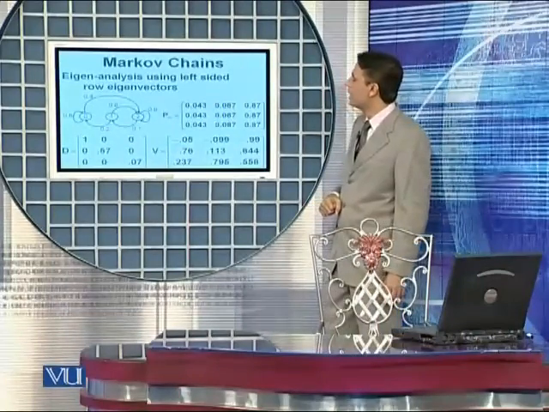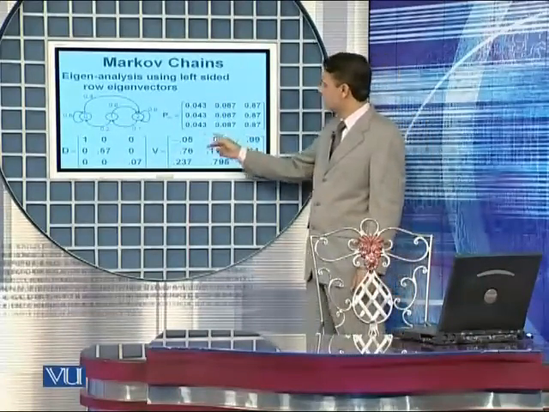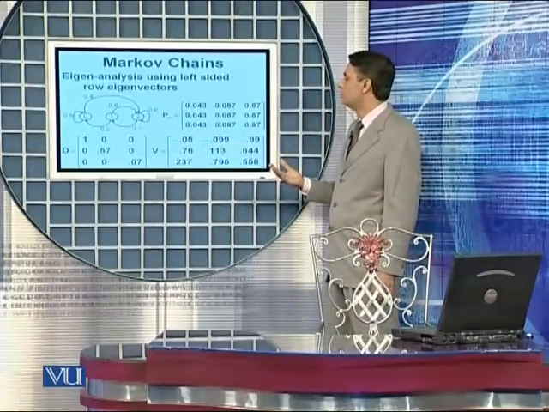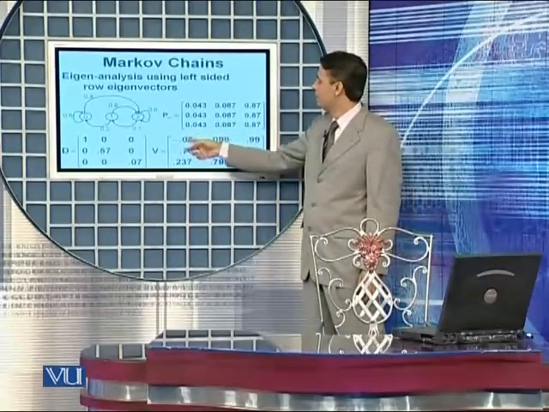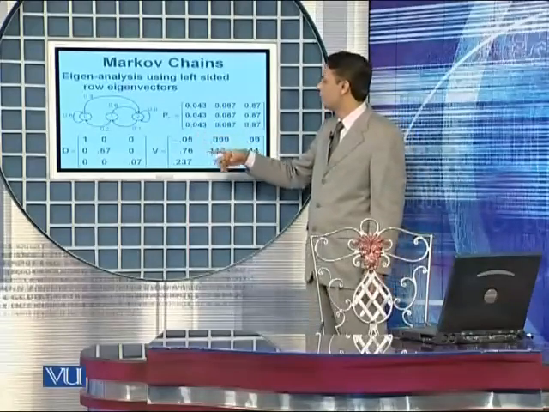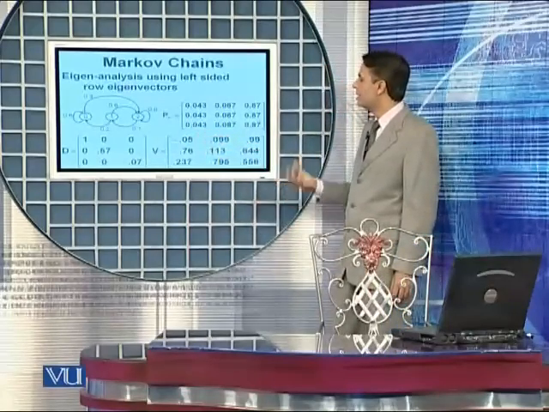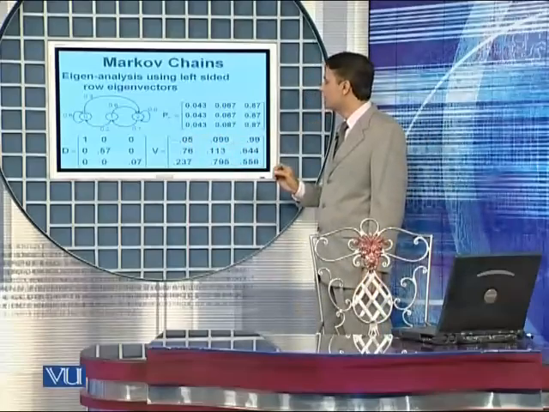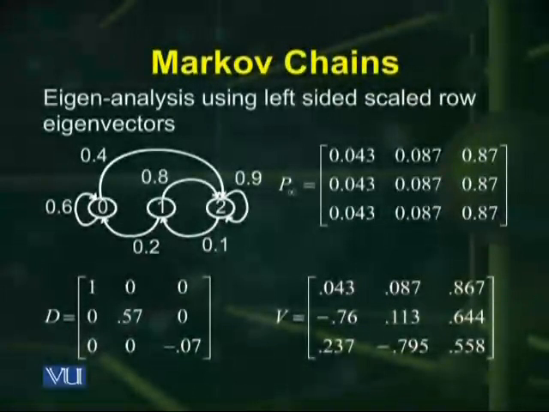So how do you pick that scaling factor? You just sum all these entries and you get a number. You divide every item in this row by that number. The reason is that these rows are probability distributions and they should sum up to positive 1. If we take the sum of the three negative numbers, it comes out to be 1.412 or something.